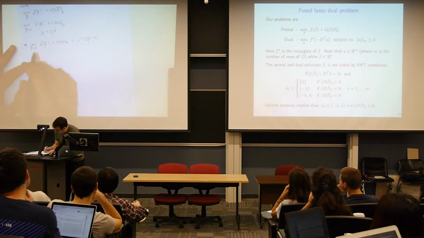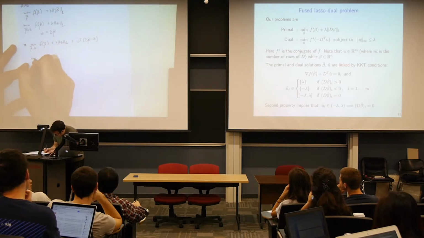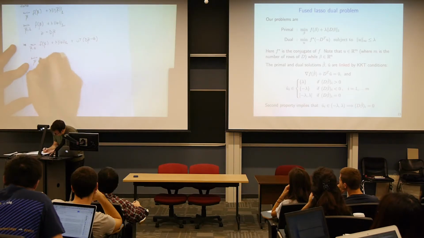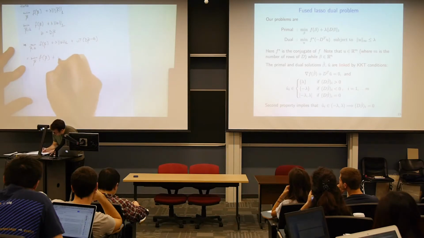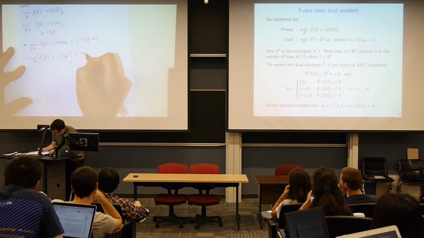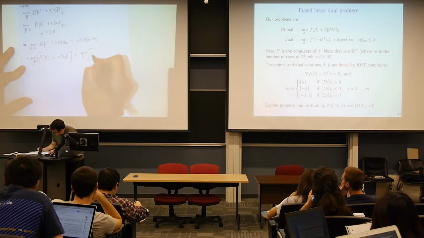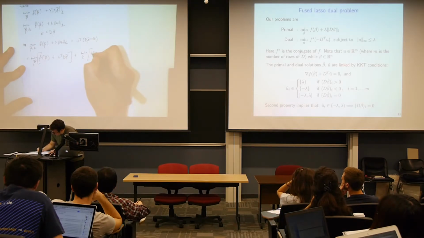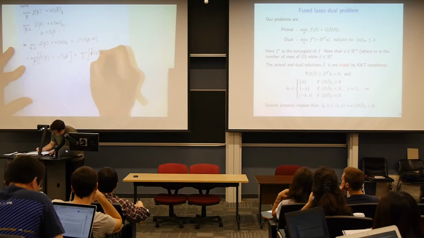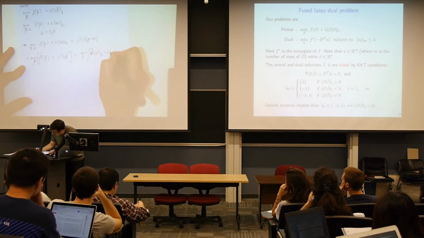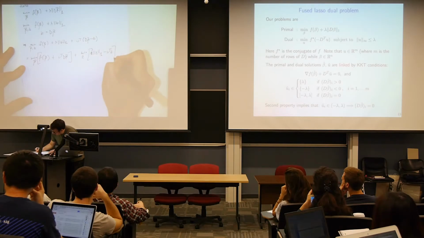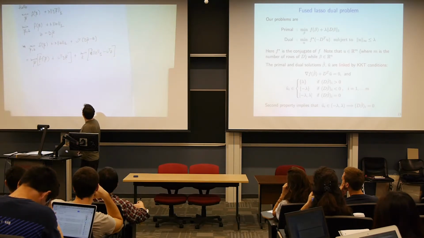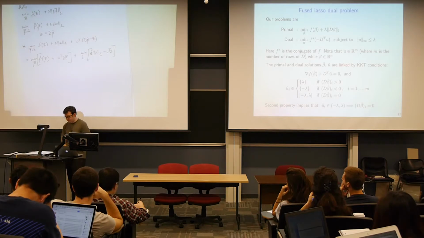So just rearranging terms, we have minimize over beta, this is equal to plus u transpose beta, plus minimize over z. Oops, that should be a lambda. All I've done is move the terms around.